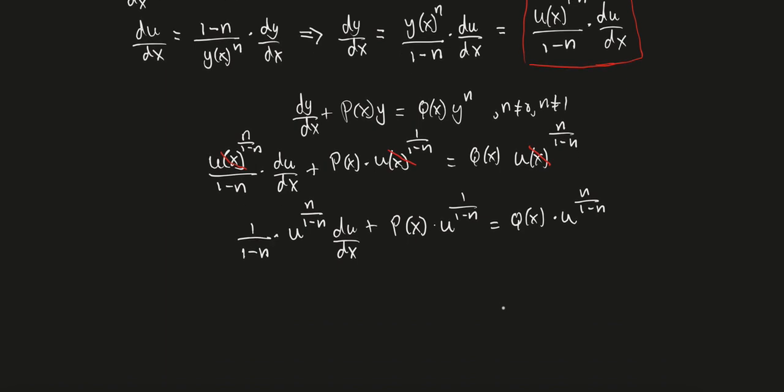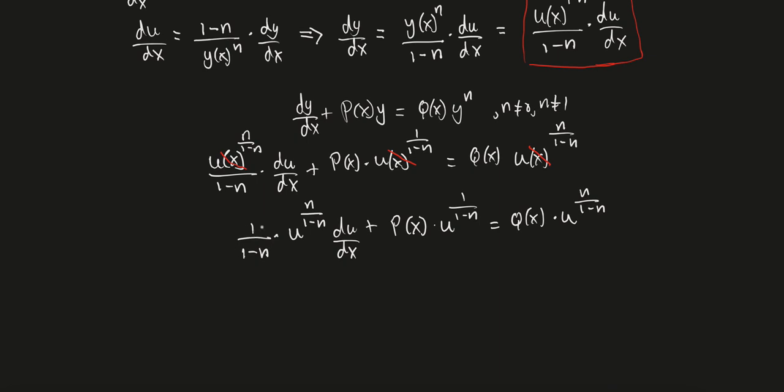Now remember, when we have a linear differential equation, the standard form for it to be linear is that we have to have a leading coefficient of 1. Right? So let's slowly go through and do some algebra to have a coefficient of 1 here. So the first thing I'm going to do is to multiply each of the terms by the constant 1 minus n. Right?